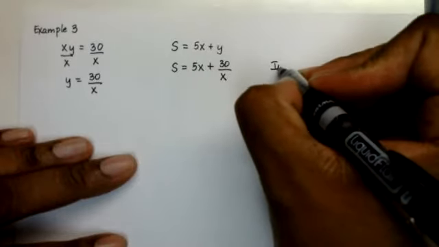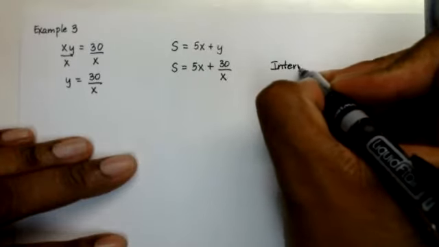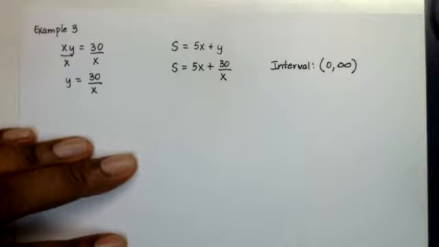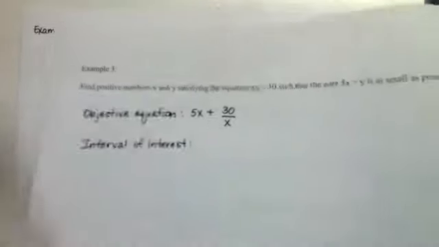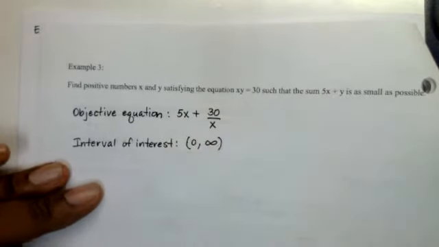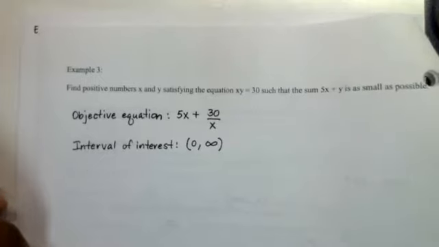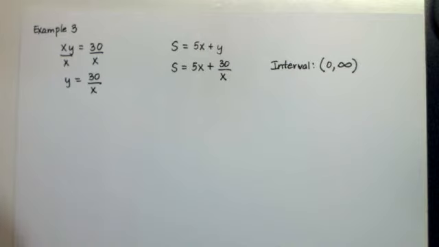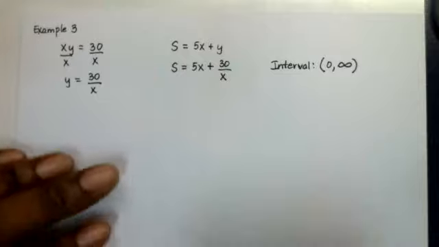So that means the interval of interest would be from 0 to infinity. And now we can go ahead and find those positive numbers x and y, where x times y is equal to 30, and the sum, 5x plus y, is as small as possible.